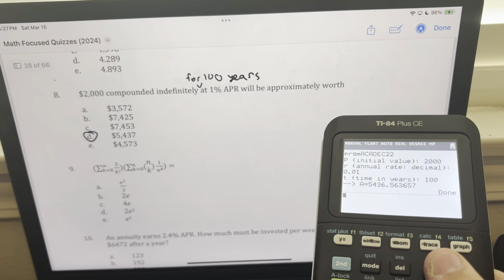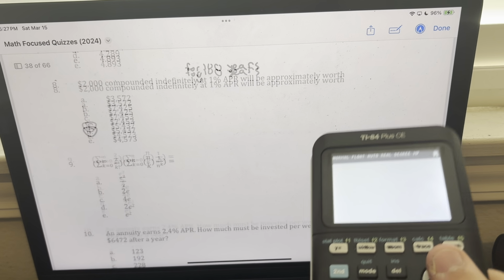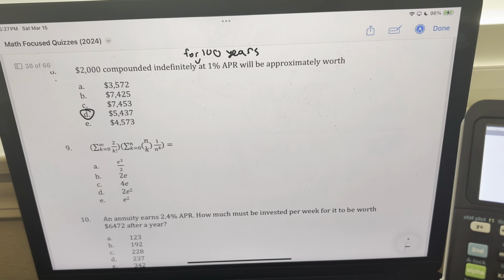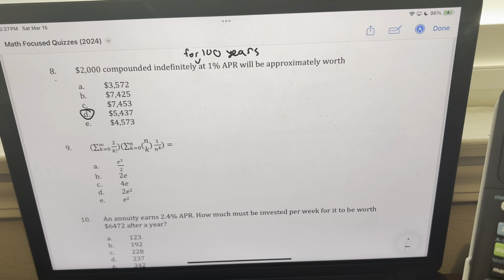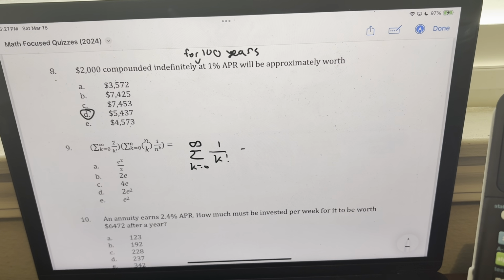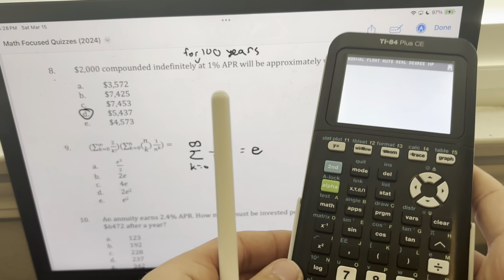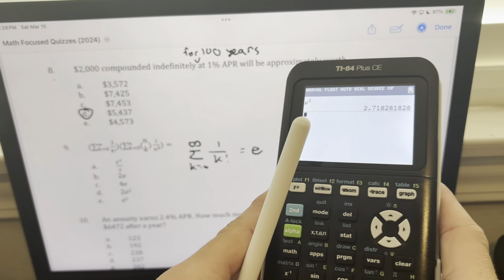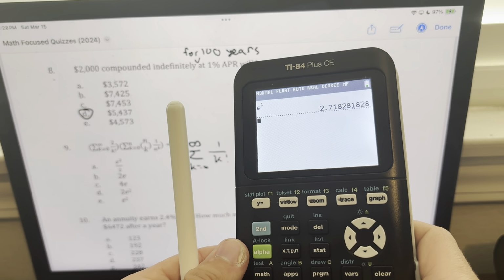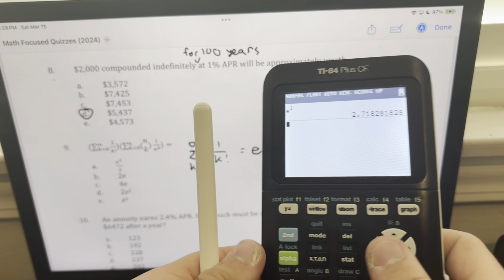And then we get to this problem, which just looks ugly. But if you know something very key, then this should be easy for you. The sum, k equals 0 to infinity, of 1 over k factorial is equal to, guess what? e, Euler's constant. So have you ever looked at e before? 2.718281828.